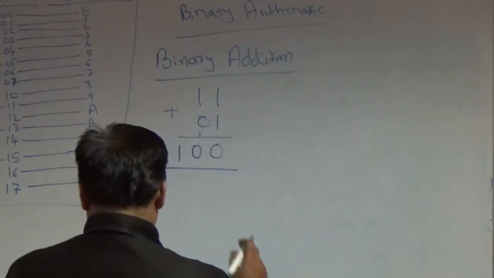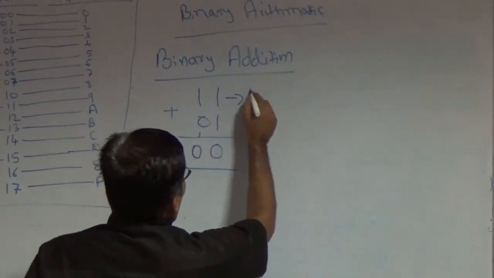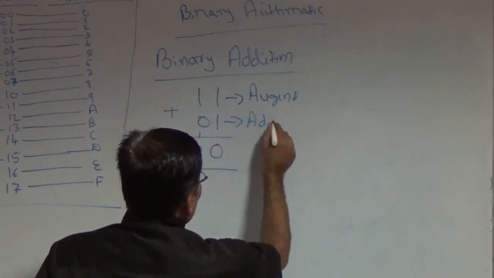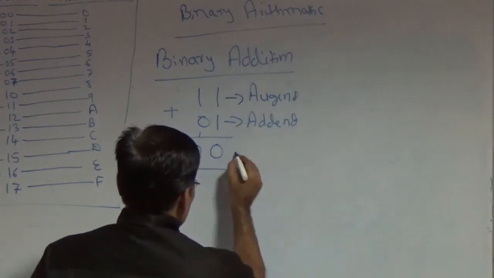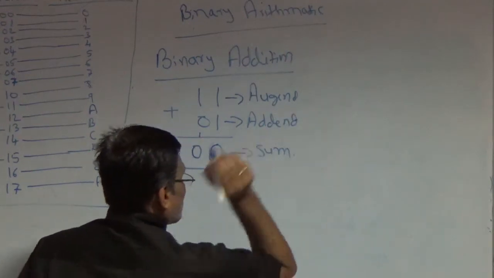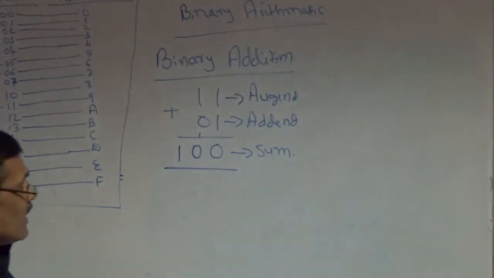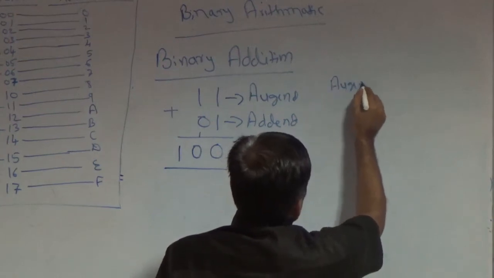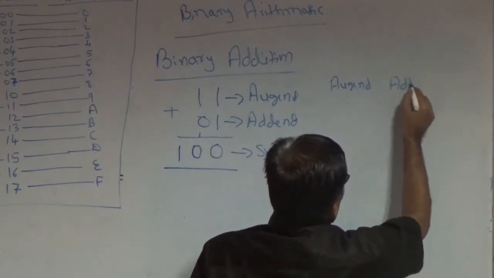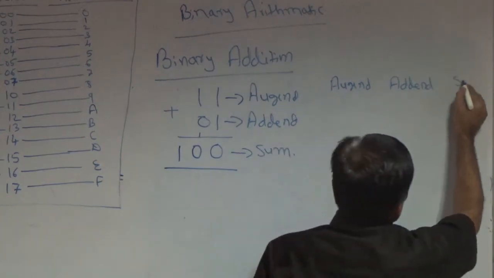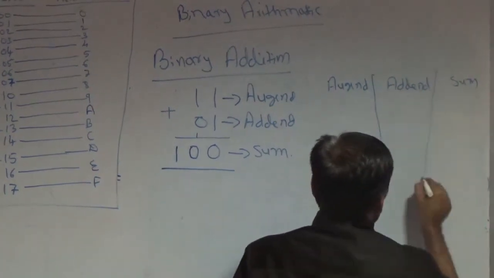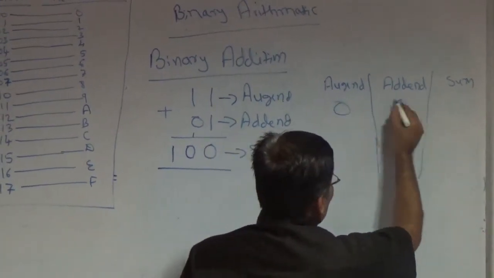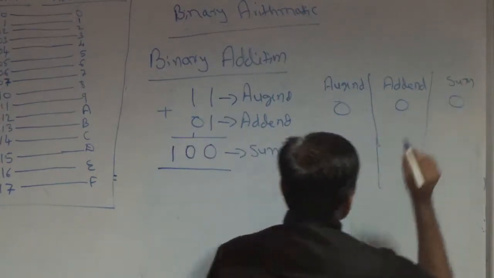In this case, this is known as the AUGEND, this is the ADDEND, and this is our sum in the arithmetic process. Let us define a rule now: AUGEND, ADDEND, sum. If AUGEND and ADDEND are both 0, the sum is 0.